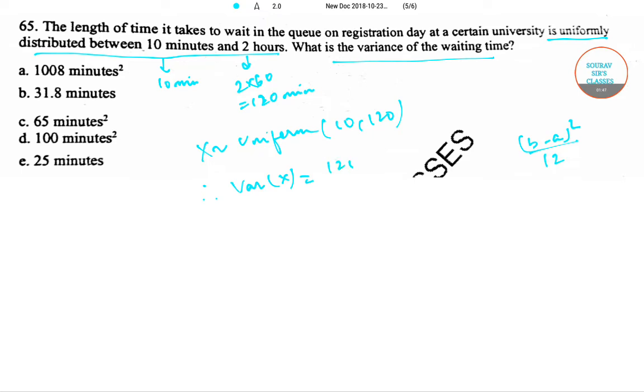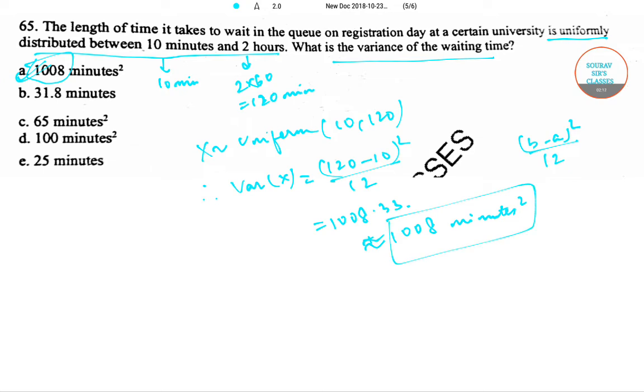So actually it is (120 minus 10) squared by 12, which comes out to be 1008.33. Thus option A, that is 1000, which is approximately equal to 1008 minutes squared, is the variance.